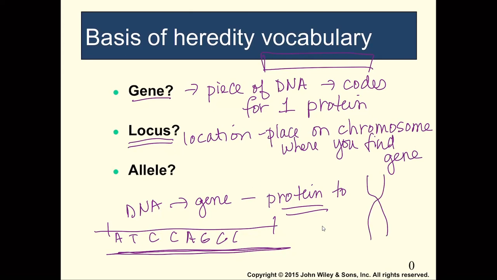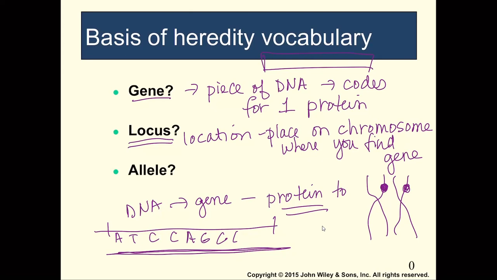Everybody's got the gene for eye color. Okay, so the eye color gene should always be in the same locus, or the same location, on the same chromosome in every person. Okay, so locus is just where you find the gene.